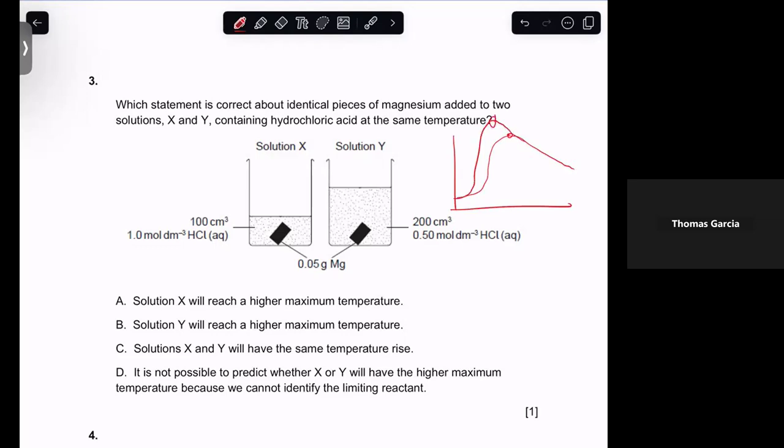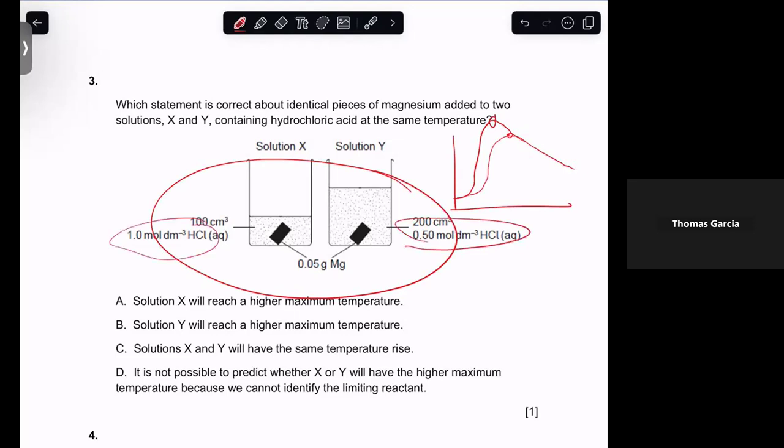And so basically what it's asking is which of these is likely to make the reaction happen faster? A lower concentration or a higher concentration? And to me, the higher concentration is going to incur a faster reaction. There's a lot more particles in close proximity, so solution X will reach the higher temperature faster.